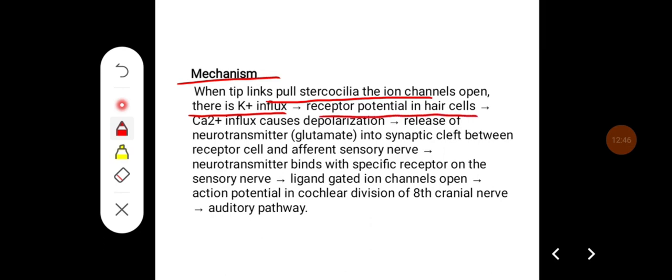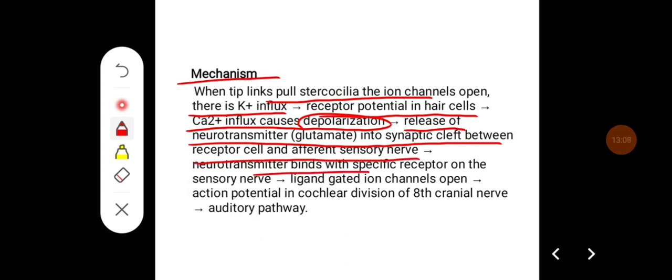The receptor potential occurs in the hair cells, which causes calcium influx, which causes depolarization of the hair cells in the lower part, and that causes the release of the neurotransmitter glutamate into the synaptic cleft between the receptor cell and the afferent sensory nerve. The neurotransmitter eventually binds with a specific receptor on the sensory nerve fibers, and ligand gated ion channels open, which causes an action potential in the cochlear division of the 8th cranial nerve.